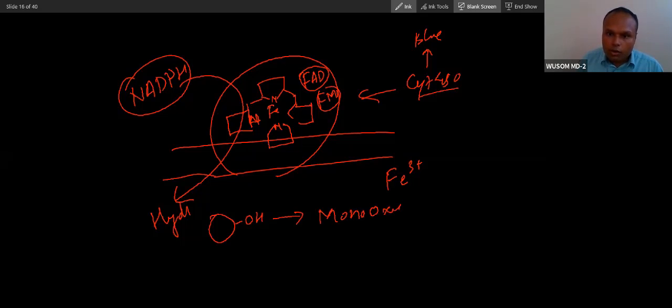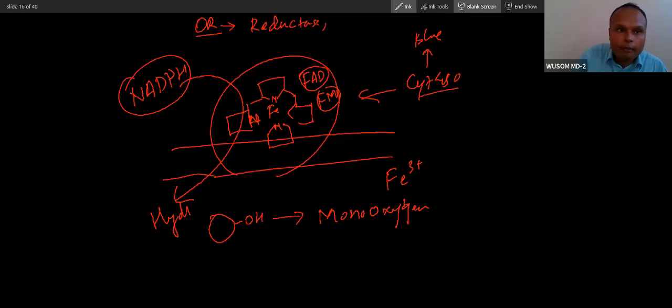Monooxygenase. If you remember, I have told you that in the oxidoreductase group there are types of enzyme names you will come across. One is enzymes ending with reductase, as for example RNR, ribonucleotide reductase. In some enzymes, we have seen many dehydrogenases, and in some places you will see hydroxylase.